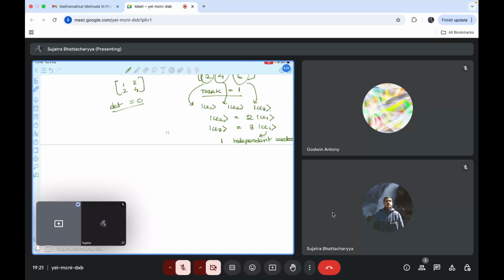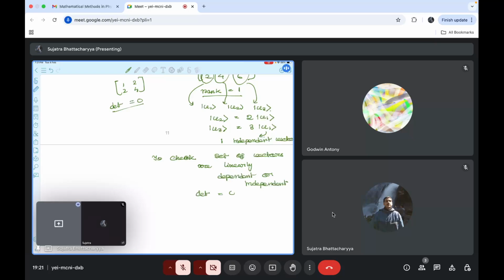Another important thing: to check whether a set of vectors is linearly dependent or independent, you can go ahead with the determinant.